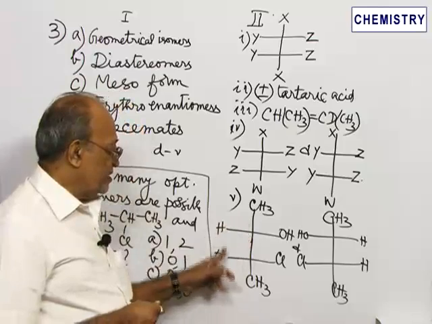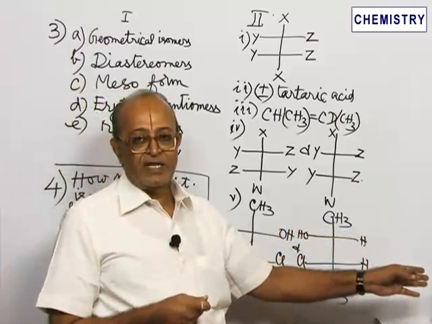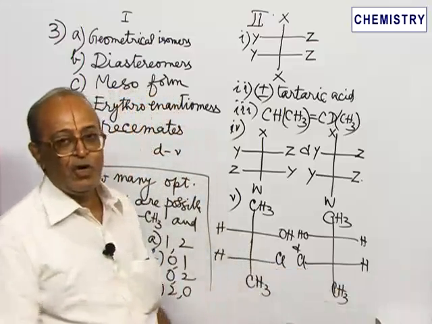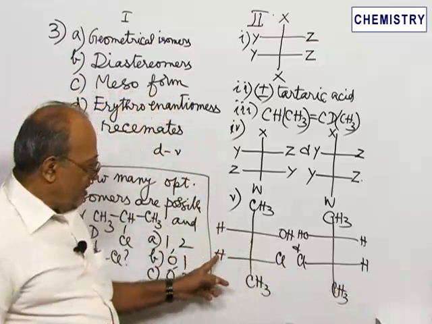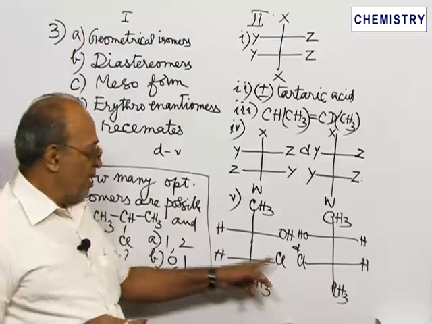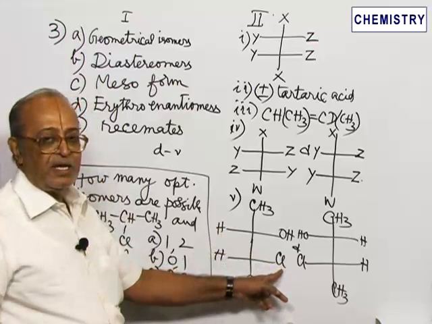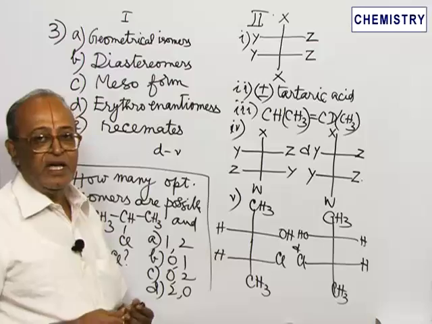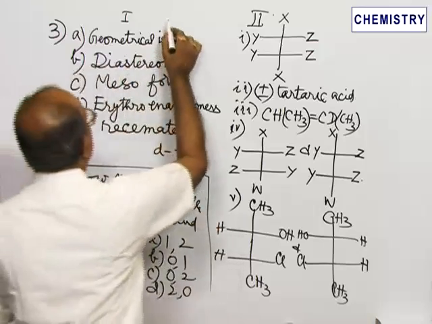One is hydrogens lying on the same side, whether on the right hand side or left hand side. These are known as erythroenantiomers. Suppose this hydrogen is placed here, on the opposite side, one hydrogen on the left hand side and the other hydrogen on the second asymmetric carbon atom lying on the opposite side, then they are known as threoisomers.